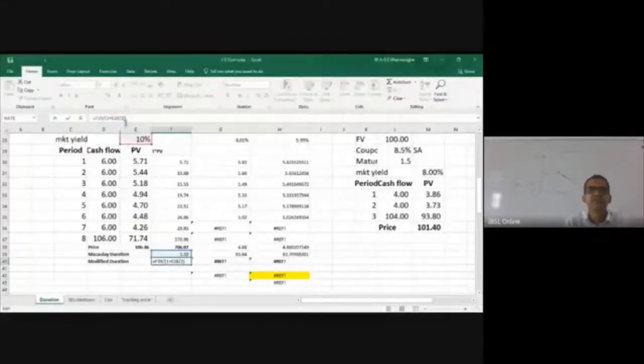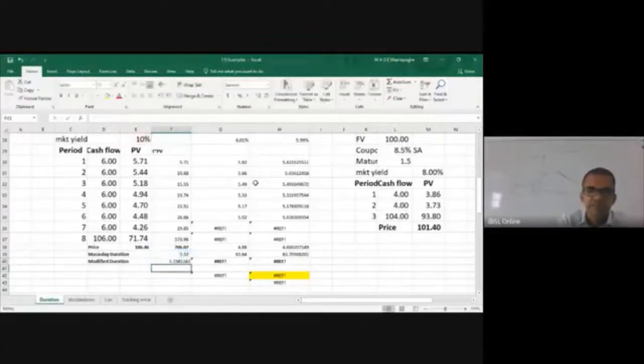Again, this 2 here is because of the semi-annual coupon frequency, 2 coupons per year. So the duration of this bond, when the yield is 10%, is 3.15. Is it clear? How to calculate?